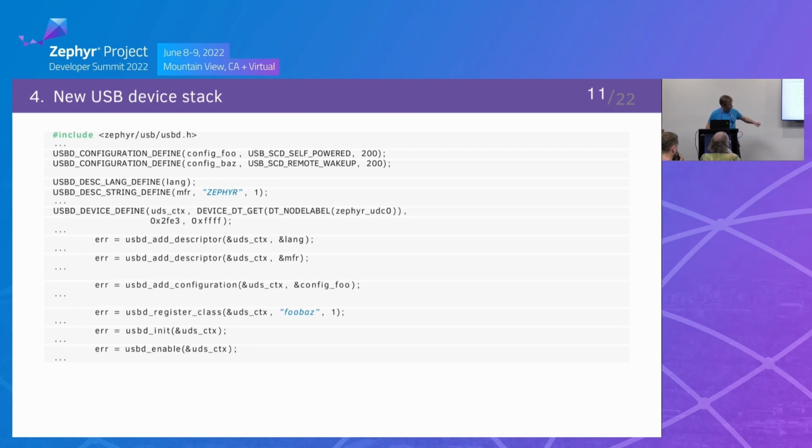The important thing is there are two steps. The first one is to initialize the USB context, and the second one is to enable it. After the initialization, the controller is prepared, but is not recognizable by the host. The reason is that if I have, for example, a USB charger device, after initialization the user can receive events from the driver.